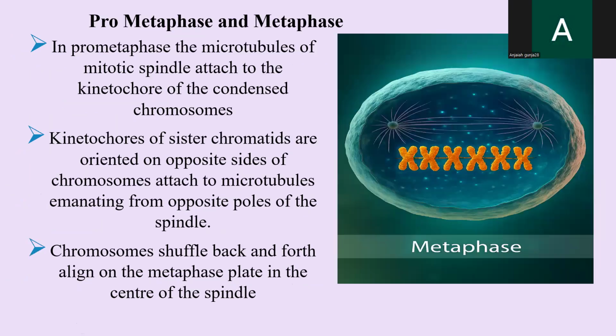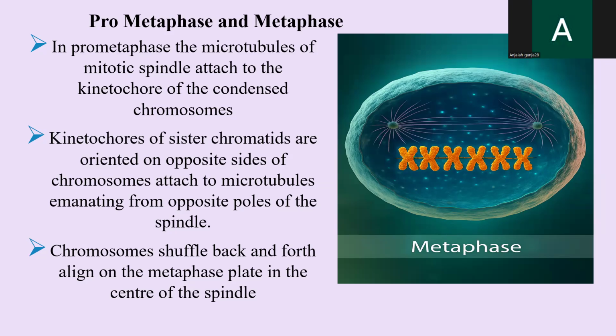Next, I'll go to prometaphase and metaphase. In prometaphase, the microtubules of the mitotic spindle attach to the kinetochores of the condensed chromosomes. You can see in the picture, these are the chromosomes, separated in structure as sister chromatids. The center part is called the centromere. The kinetochore is where the microtubules come and attach to the centromere.